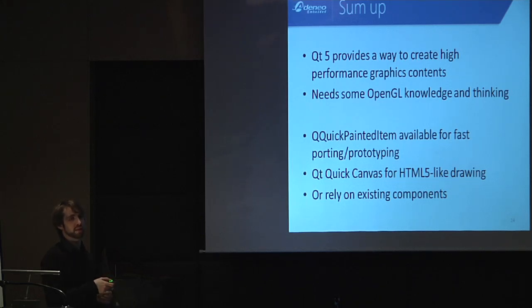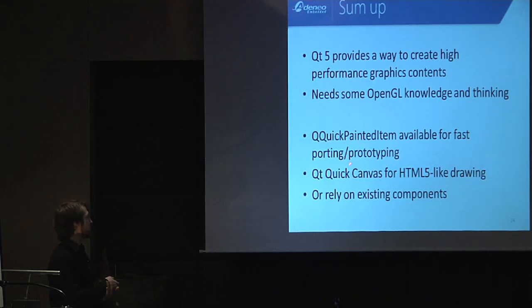And I think that you have seen that it's probably a lot more difficult than drawing something and doing draw line and fill, etc. That's completely different. So when you don't really need this big optimization, you always have some alternatives, hopefully. The Qt Quick painted item lets you use a QPainter for your item to draw your components.